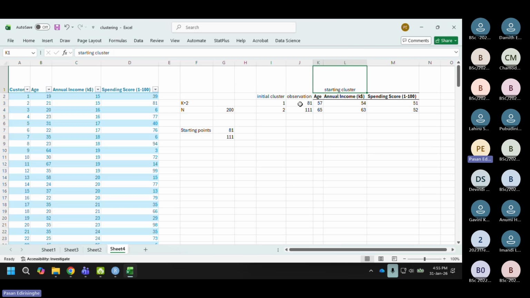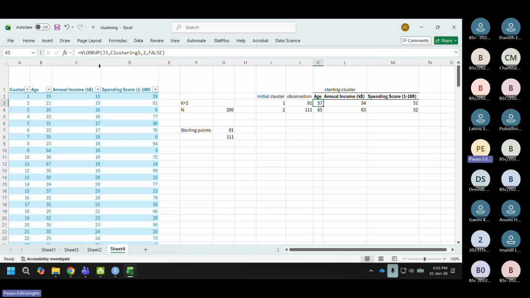Whatever numbers I'm getting here are always changing. Then I want to look at this table, asking to find those observations 81 and 111. I'm using the VLOOKUP command for that.